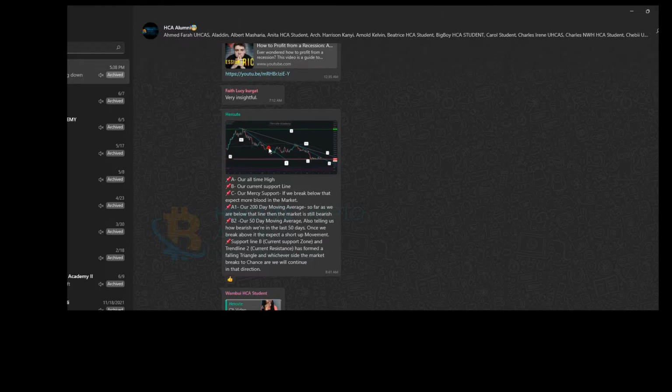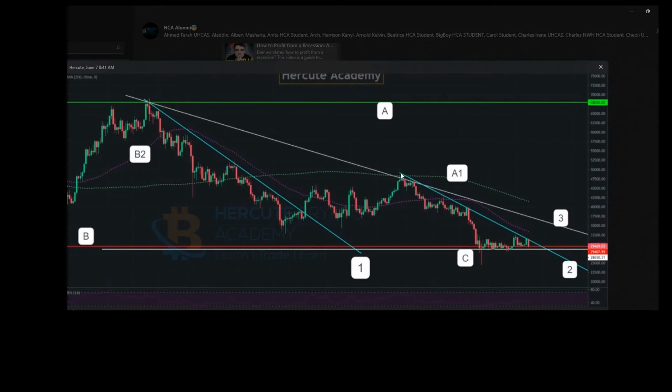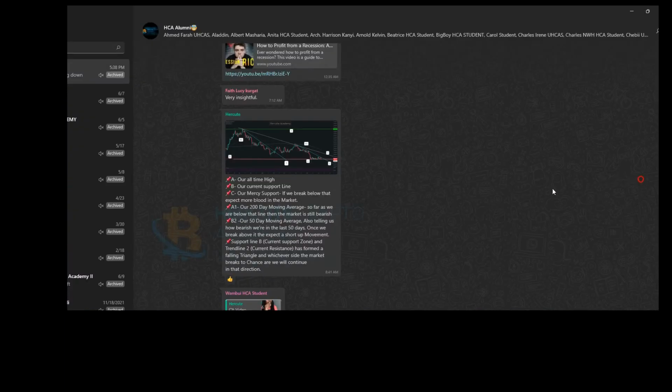Just to show you what a falling triangle is, if you take this blue line here and the red one here, and then you join them here, you will see you have a triangle that is coming down. Okay, so that's the falling triangle. It has formed a falling triangle, and whichever side the market breaks to, chances are we will continue in that direction.